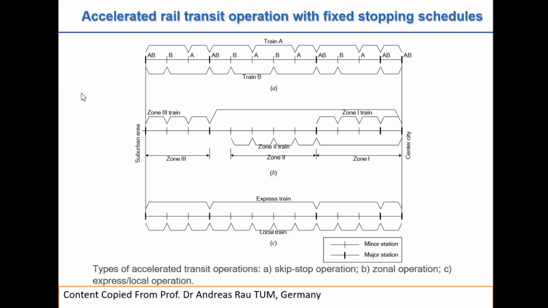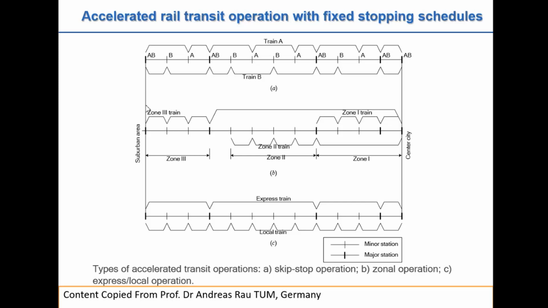Train B also stops at particular stations, those marked with B: A, B, then A, B, and then B, B, B. This is the same route followed by 2 different trains. For example, if you are in train A and would like to reach that point, you can imagine that you eliminate points 1, 2, and 3 to reach that location.